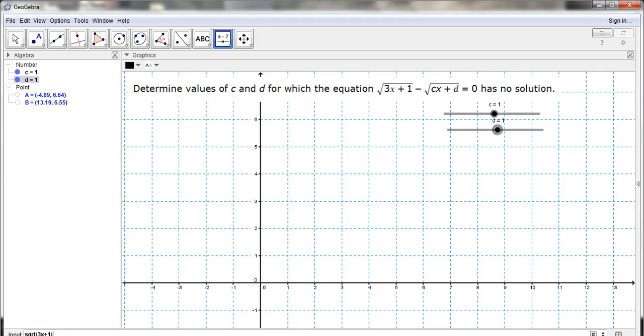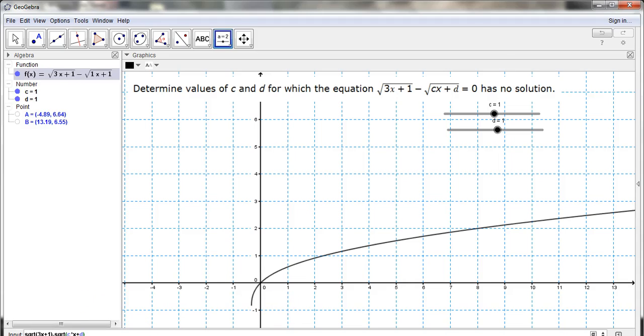So that little notation down here looks like sqrt, and then tell what we're taking the square root of, and then minus the sqrt, or square root of, and now that we have c and d, we can say c times x plus d. And I like to use the asterisk because I think sometimes putting variables next to each other kind of confuses GeoGebra. So I just use the asterisk just to make sure I'm always good. So when I hit enter, this is the equation I get.